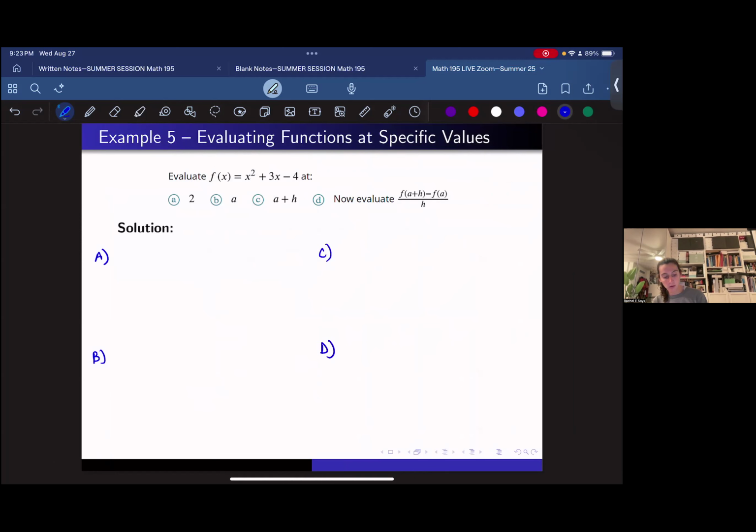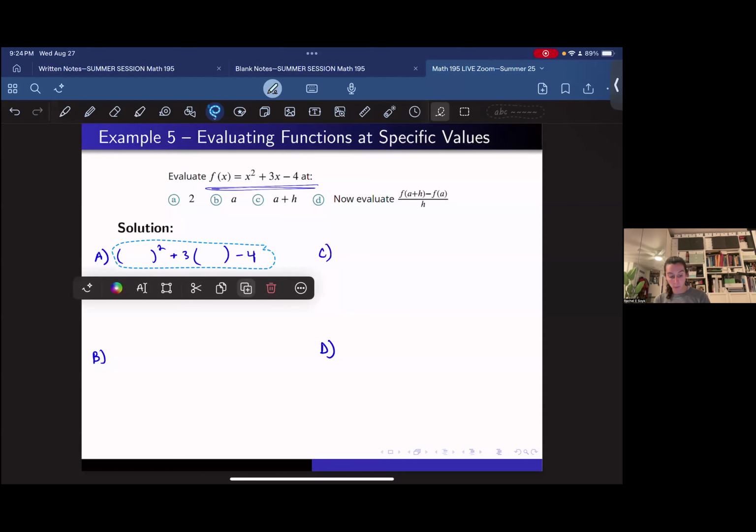And the function that we're using here is x squared plus 3x minus 4. So wherever you see an x, I'm actually going to draw some parentheses. And then finish up the entire function.